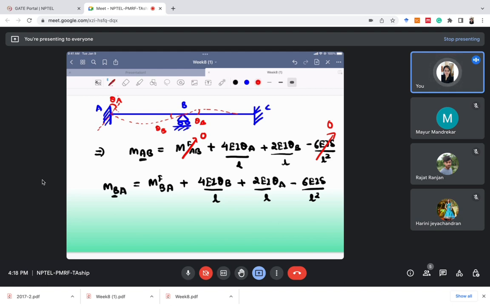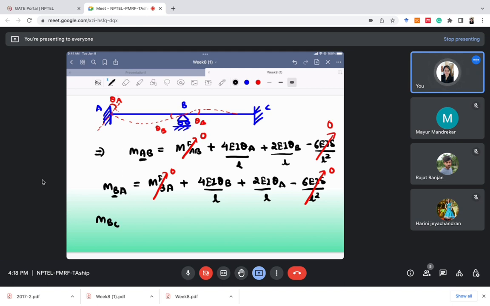Similar equation as the first one. In this case also, there is no external loading, so this will be 0. Theta B is there, theta A is there. Delta is not there, so this is also 0. Right?